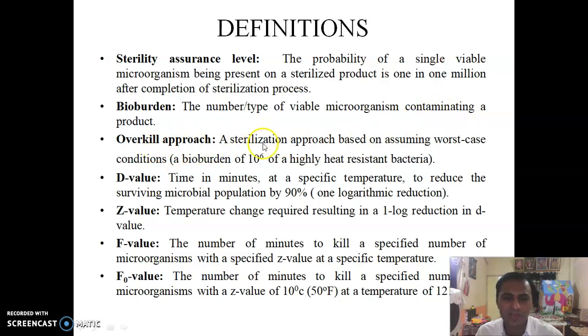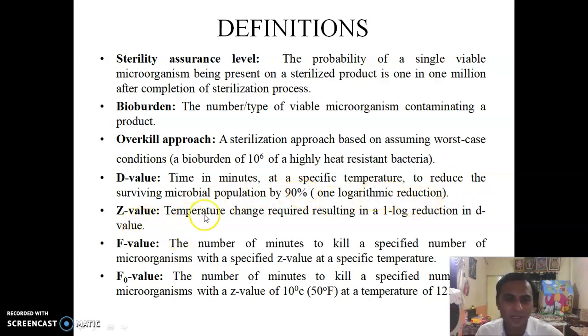Overkill approach: a sterilization approach based on assuming worst case conditions, a bioburden of 10⁶ of a highly heat resistant bacteria. D value: time in minutes at a specific temperature to reduce the surviving microbial population by 90%, a 1 log reduction.